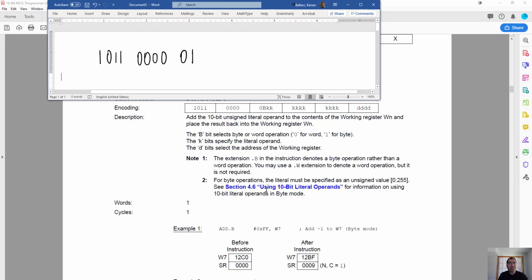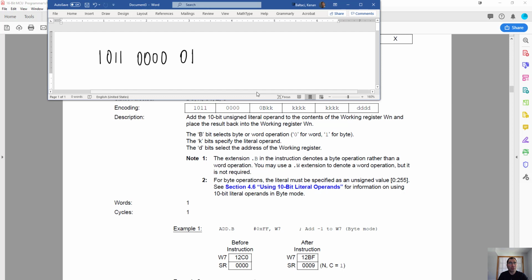Well, how can we represent ff in binary, in 10 bits? We can represent each digit in hexadecimal in 4-bit binary, right?